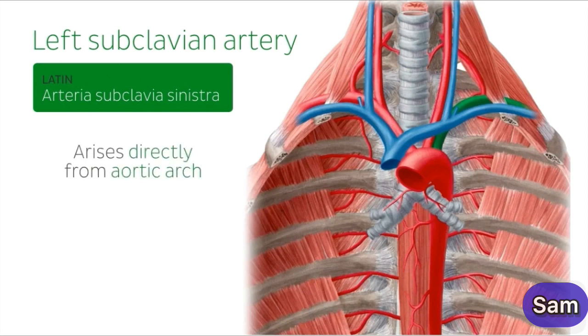And the left subclavian artery exits the thoracic cavity via the superior thoracic aperture between the anterior and middle scalene muscles. Once the left subclavian artery passes the lateral border of the first rib, it continues as the left axillary artery, which supplies the left upper limb.